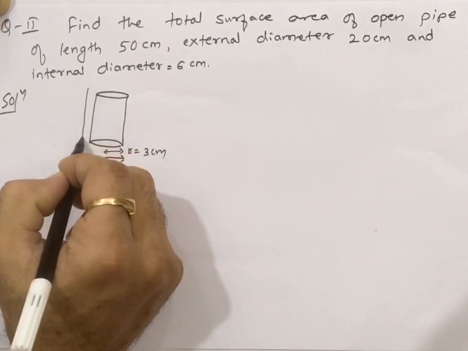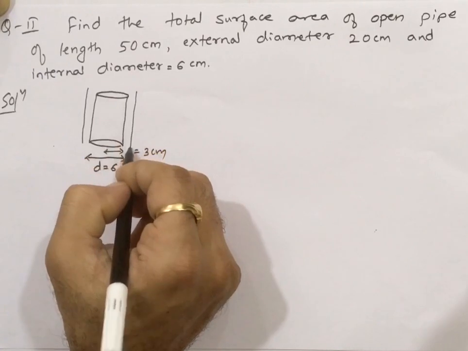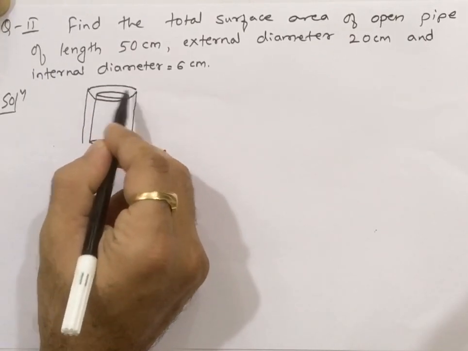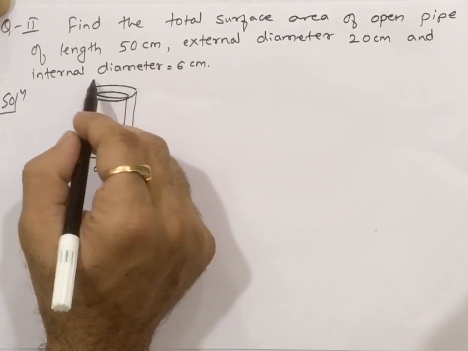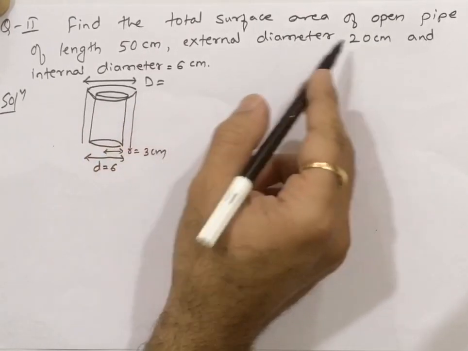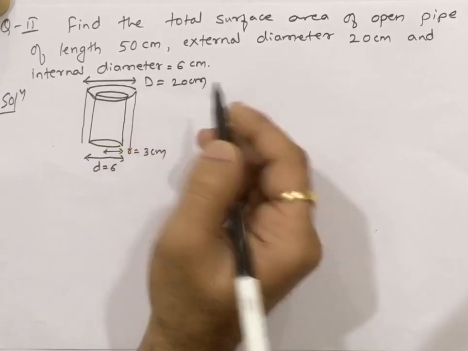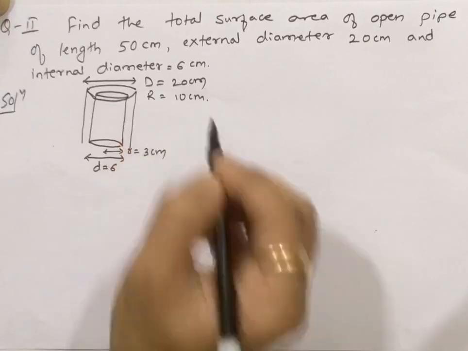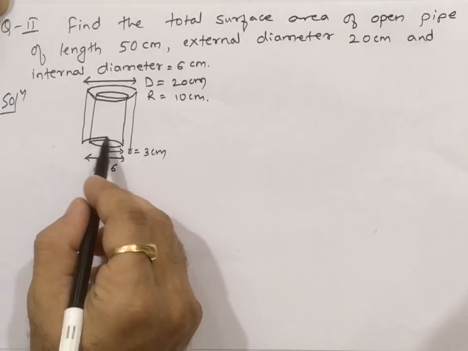Then the external diameter, capital D is equal to 20 centimeter and capital R will be 10 centimeter.